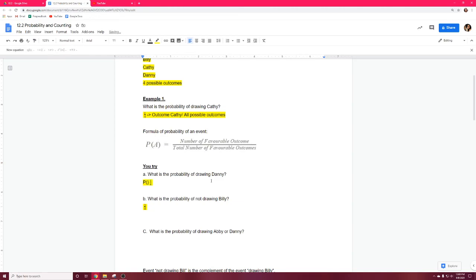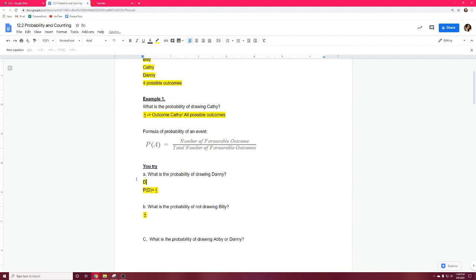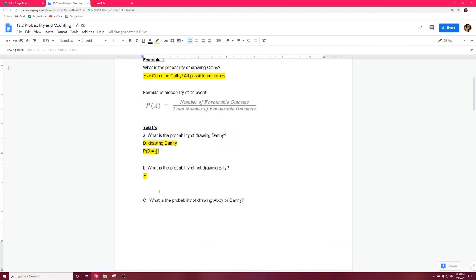A lot of the time you will see at the beginning a P and a letter in parentheses, equals something. This is pronounced as the probability of the event. Joining Danny is our D. So let's define our D. D is my event joining Danny. So over here I have the probability of joining Danny equals 1 out of 4. Let's be more precise here as well.